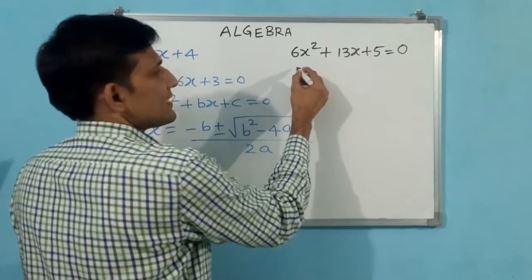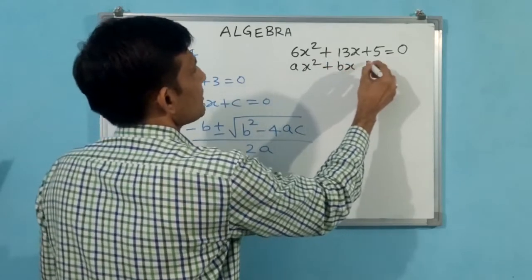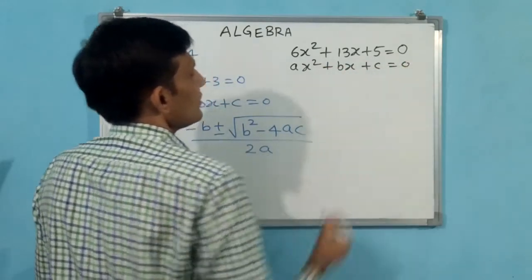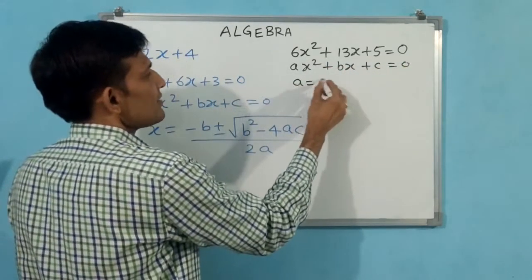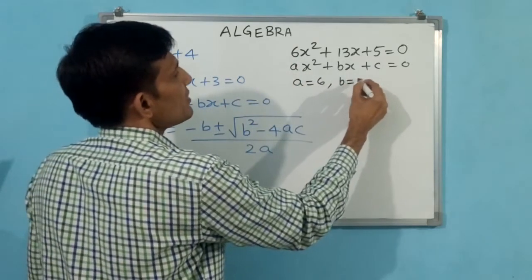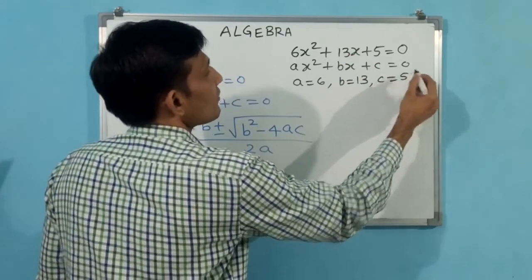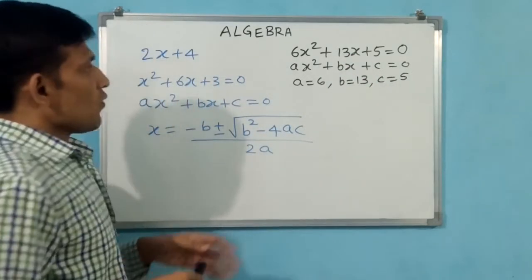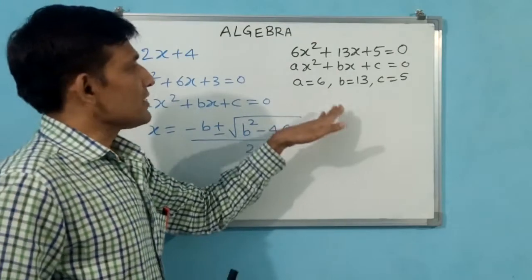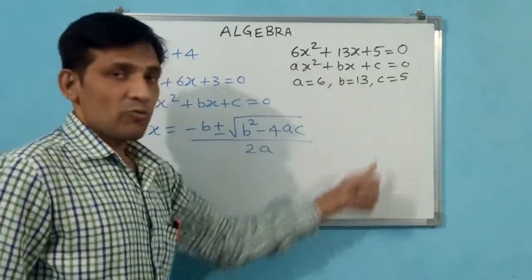Let us compare this with ax square plus bx plus c is equal to 0. Now here a is equal to 6, b is equal to 13, c is equal to 5. We are first doing the factorization method of finding roots for the quadratic equation.